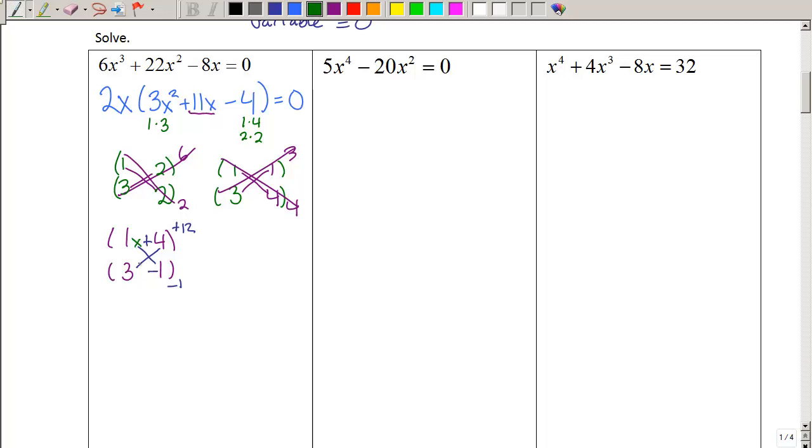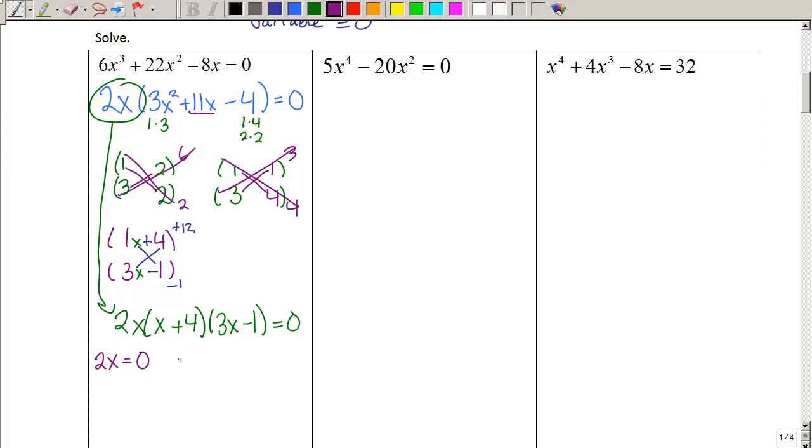Lastly, I'm going to stick in my x values. Please don't forget to bring down your greatest common factor. I have 3 factors here, and each one of them is prime. They cannot be factored anymore. So the last step is to set each factor equal to 0.